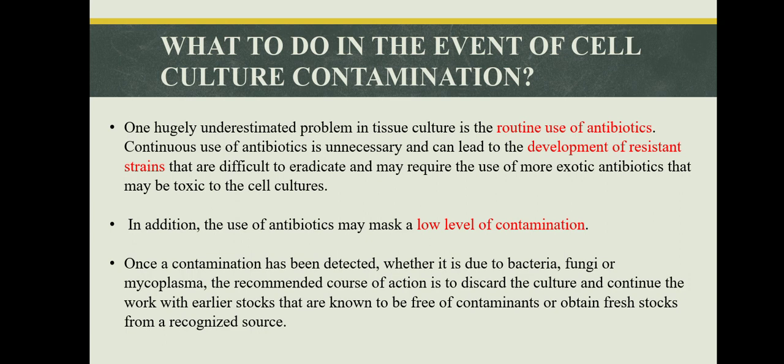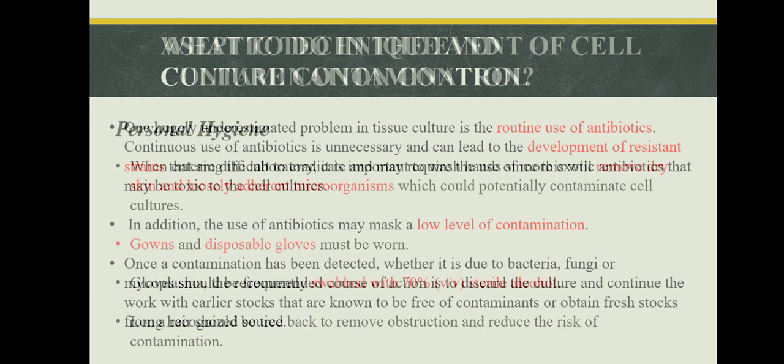In addition, the use of antibiotics may mask a low level of contamination. Once a contamination has been detected, whether it is due to bacteria, fungi, or mycoplasma, the recommended course of action is to discard the culture and continue work with earlier stocks that are known to be free of contaminants or obtain fresh stocks from a recognized source.